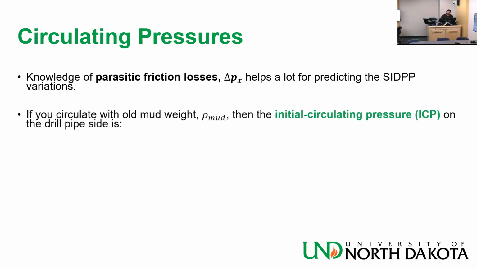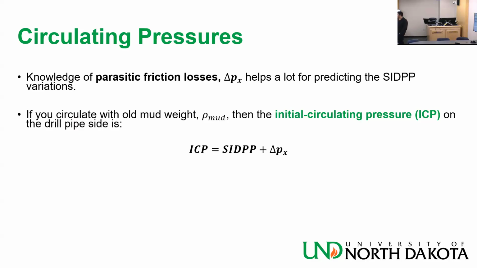If you circulate with the old mud weight, then the initial circulating pressure on the drill pipe is SIDPP plus delta P_x. Okay, what is the delta P_x? It's the parasitic friction losses. How do I have this value? We calculated it. No, we didn't calculate it. You measured it before you started drilling.